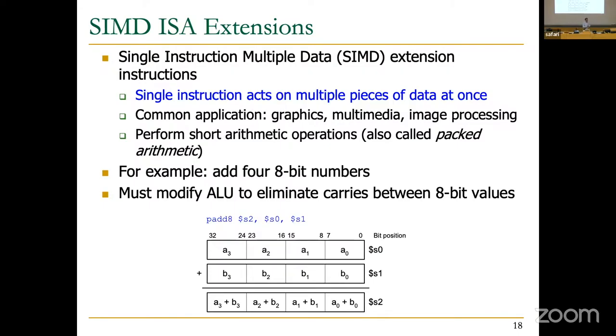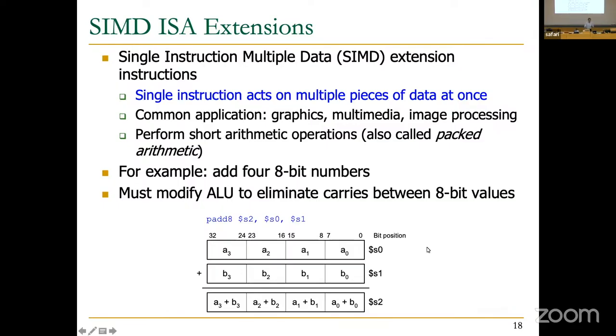You basically act on 4 elements at a time. Here you can see an example at the bottom from an earlier Intel multimedia extension instruction. And why were these introduced? As your suggested recommended reading describes very clearly, people wanted to accelerate graphics, multimedia, and image processing applications that had been becoming more popular in the 1990s.